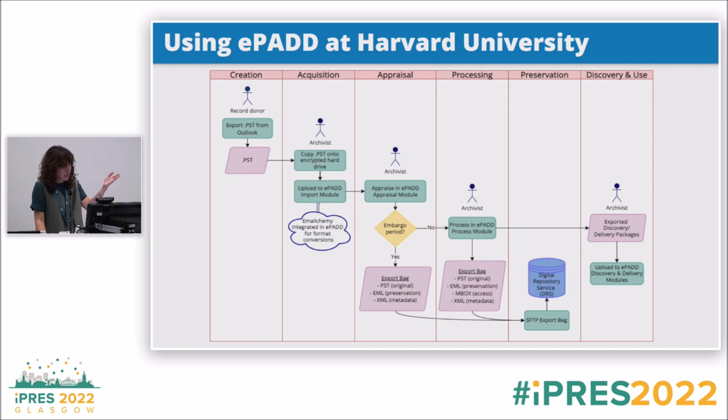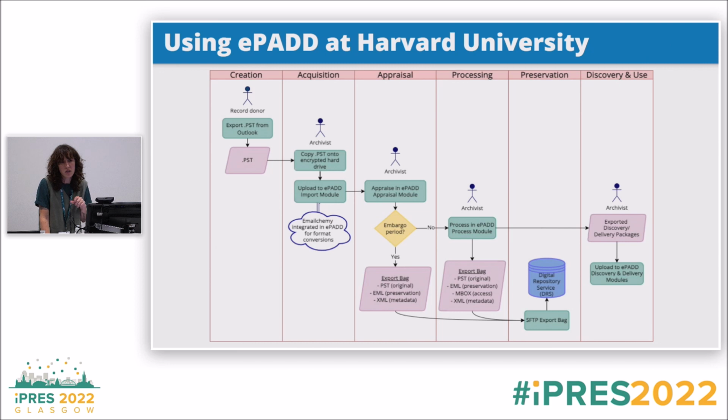And in this, it's a scenario where a Harvard employee leaves and the archives collects their PST from their Outlook account. So they bring it onto an encrypted hard drive, and once all of the enhancements are done to ePADD, we're right now looking at integrating a commercial format conversion tool.